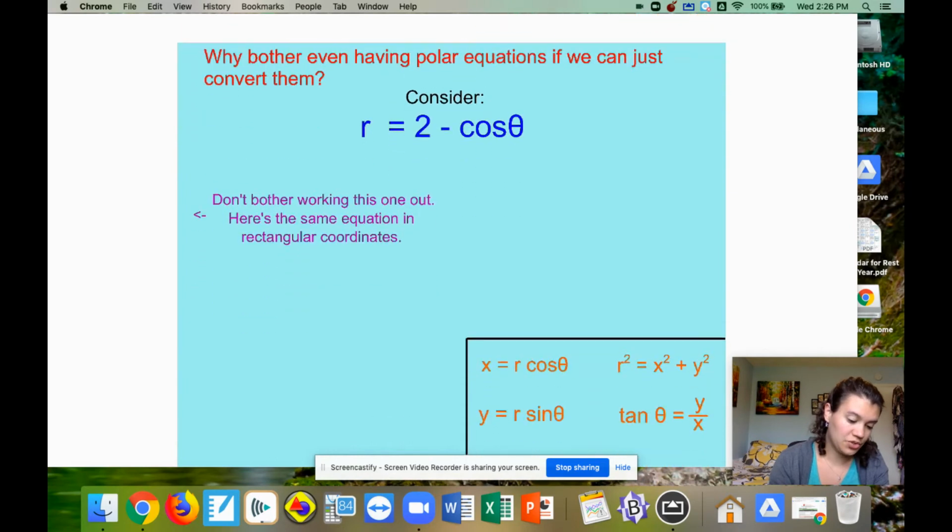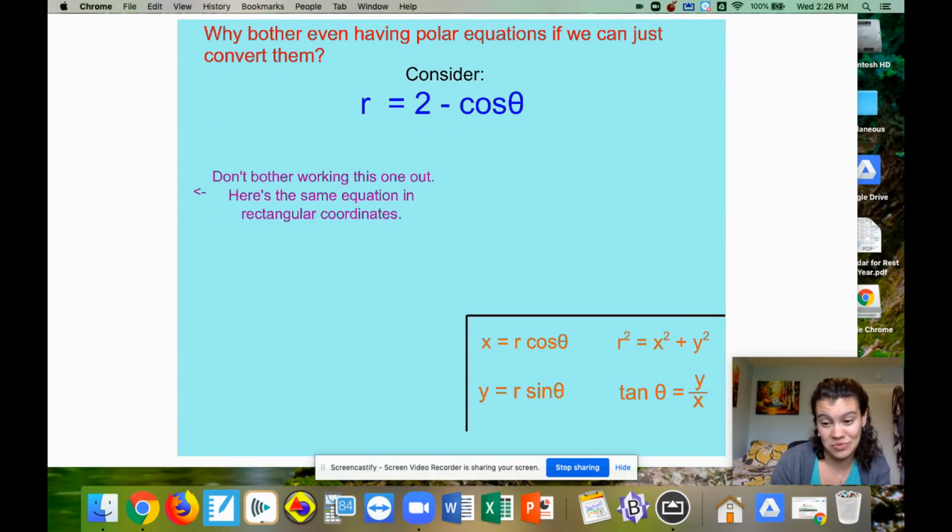Okay, so if we can just convert back and forth, why even use polar coordinates and polar equations and everything? Doesn't really make sense. So for this one, considering if you switched it back, don't try it because it's going to be super long, you would get this equation.